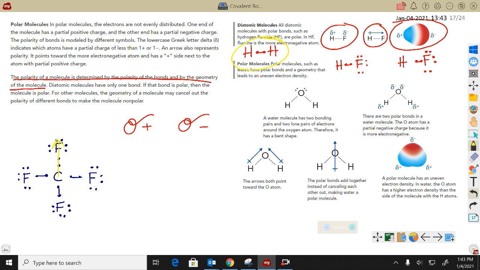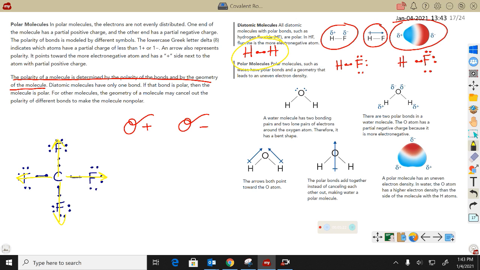But look at the way they're arranged around the center carbon. There might be a little pull up toward the top fluorine, but then there's a pull on the bottom, and they cancel. There's a pull, and there's a pull. It's equal pulls because it's all fluorine around the outside, equal pulls at equal angles.